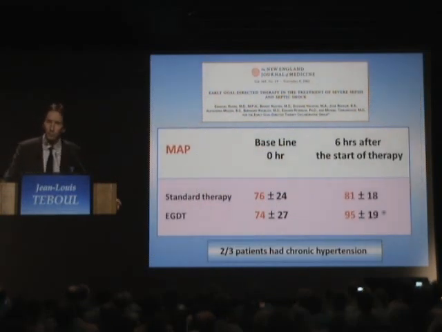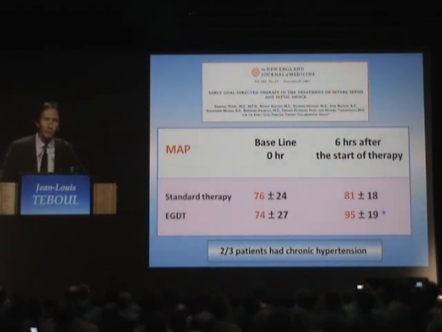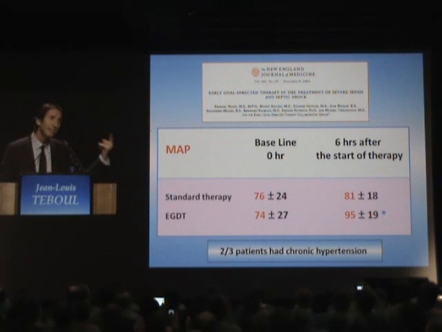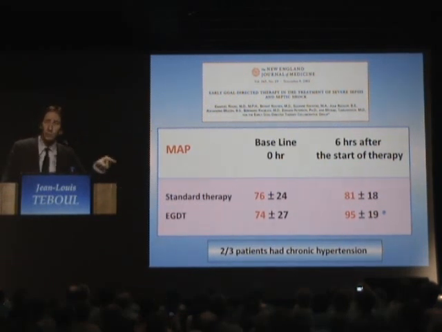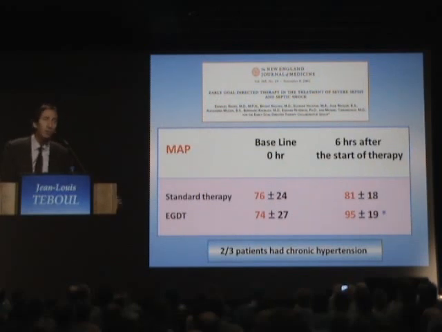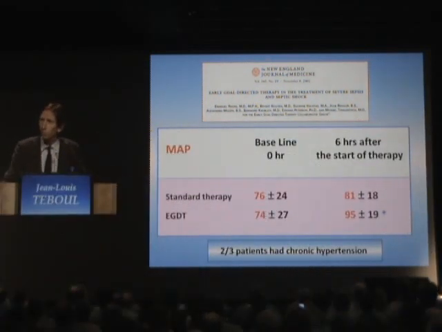And just let's remember the River study. When we look at the results, we could be very surprised because after 6 hours of resuscitation, the mean arterial pressure was 95 millimeters of mercury in the famous EGDT group. Maybe it accounts for the improvement in the prognosis, I don't know, but we have to keep that in mind.